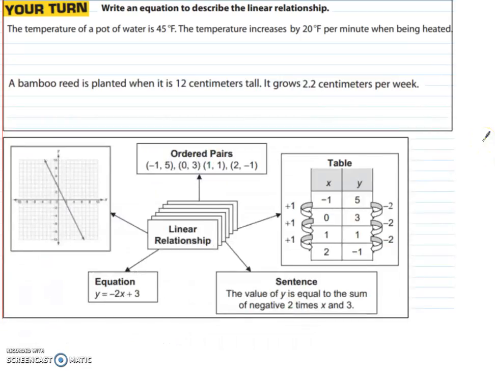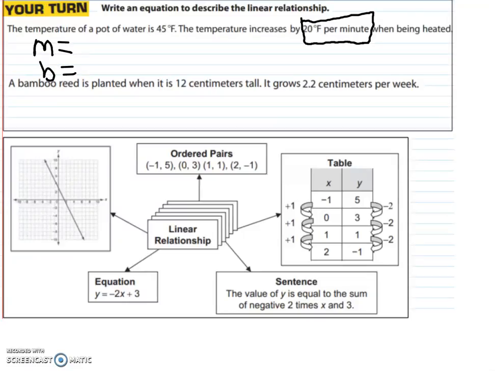It says write an equation to describe the linear relationship. The temperature of a pot of water is 45 degrees Fahrenheit. The temperature increases by 20 degrees Fahrenheit per minute when being heated. So we need to know what the constant rate of change is, what the initial value is, and what the equation is.